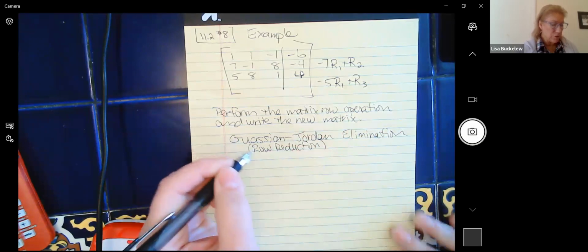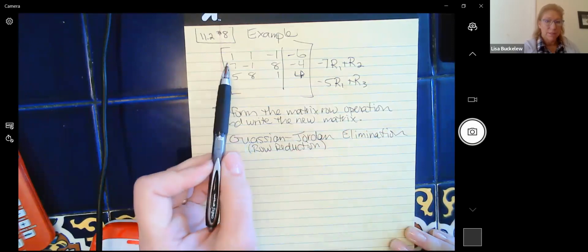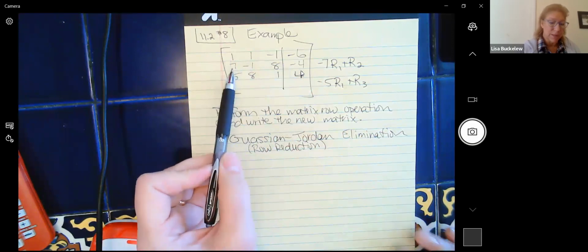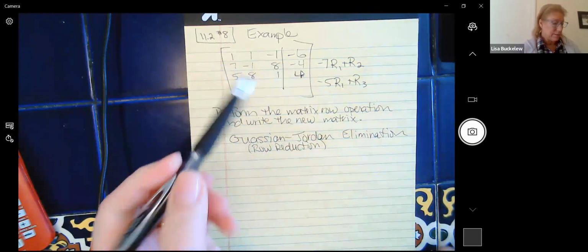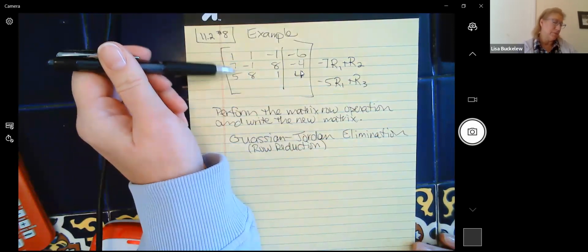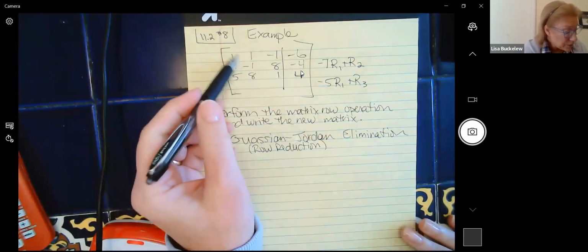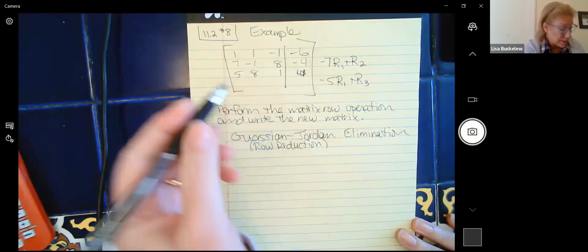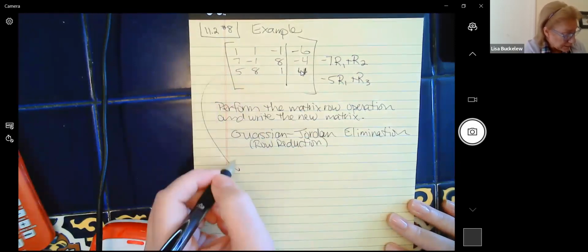This is just a shorthand where, instead of writing out all the equations and eliminating the x coefficients, we just do it with the numbers instead of the whole equation. Goodness, I need to practice speaking.